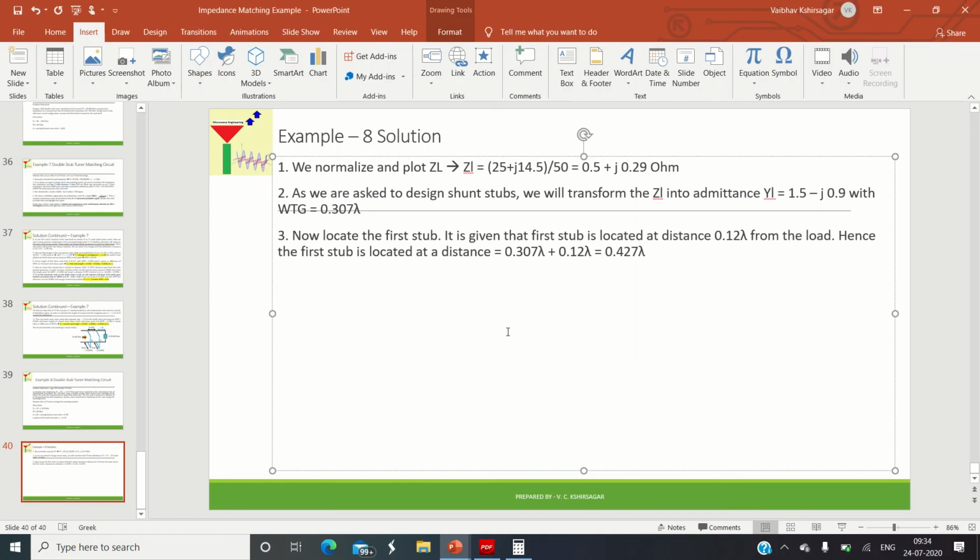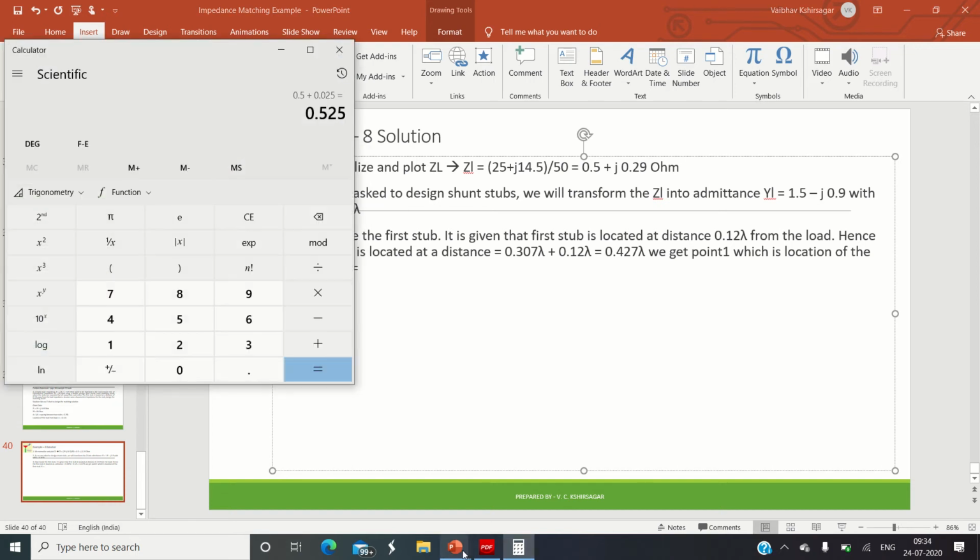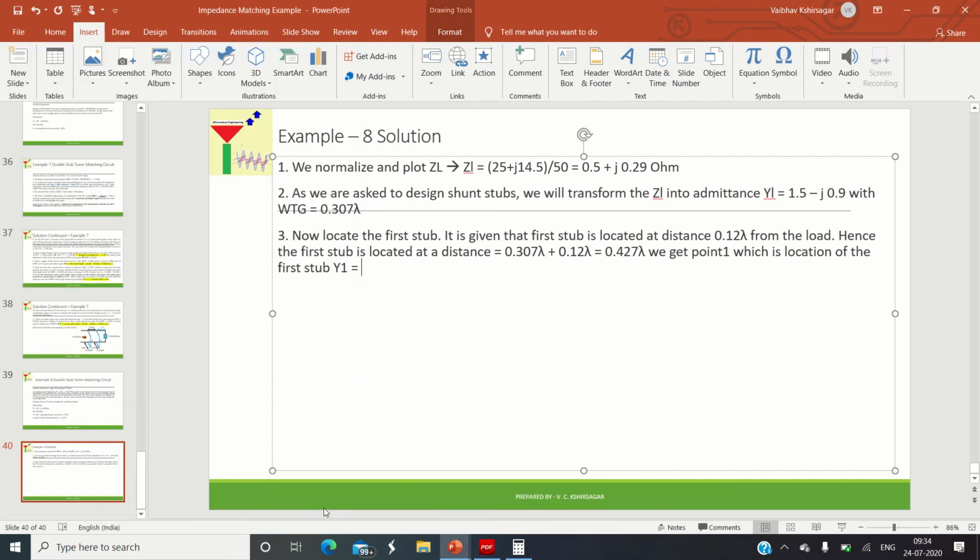So here I will write, we get Y1, which is the location of the first stub, right? So what is the value of Y1 bar here? What is the real value? Real value is 0.525, right? Now what is the imaginary part?